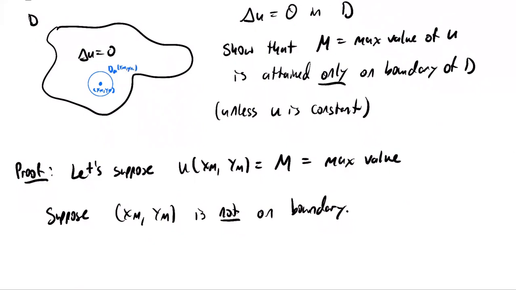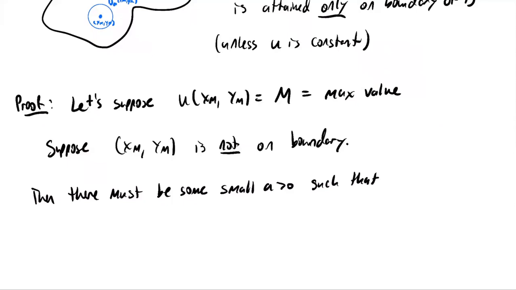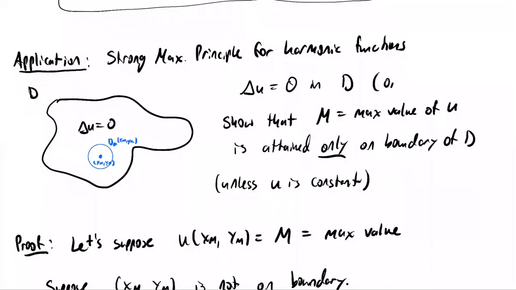So there must be some small parameter a bigger than 0, such that the disk of radius a centered at my point is contained in D. This is what it means for it to be an open domain.